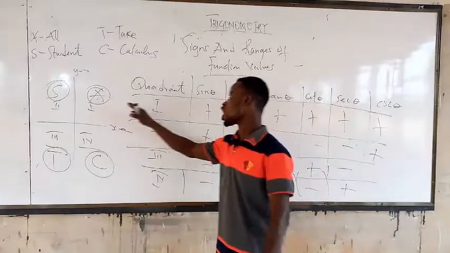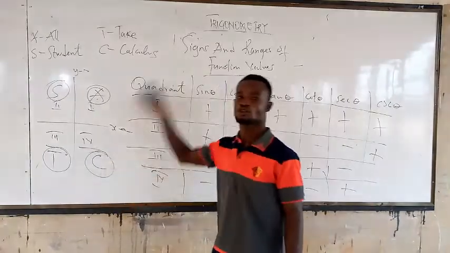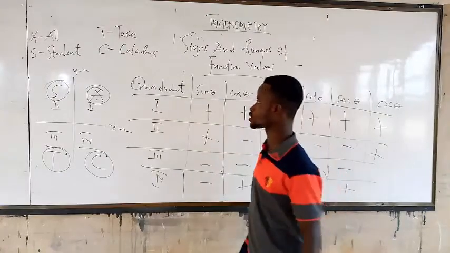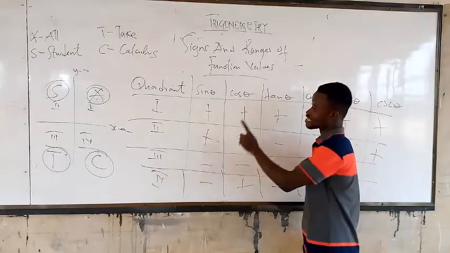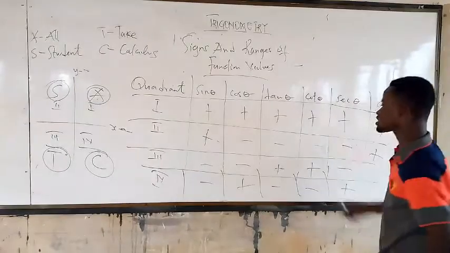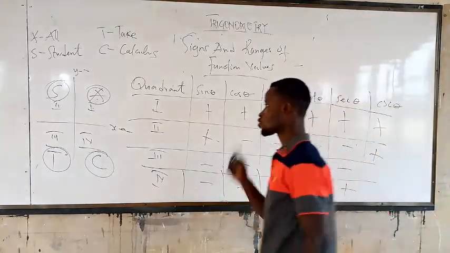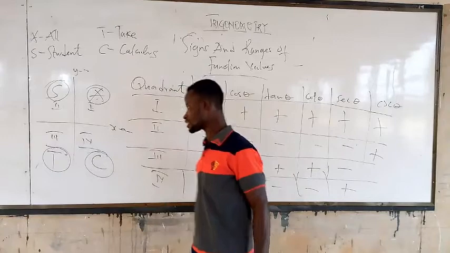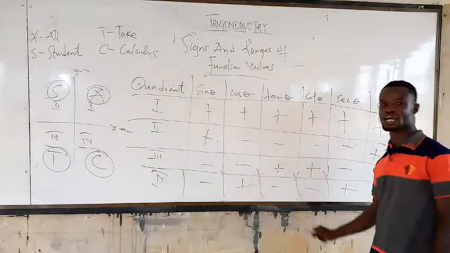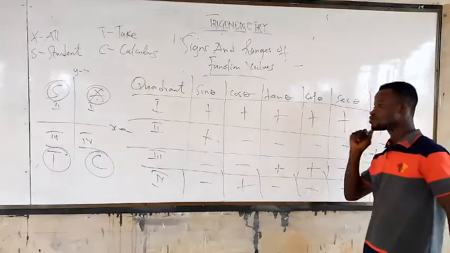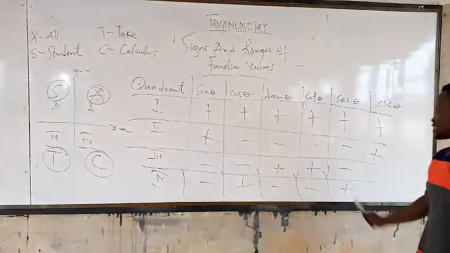All means that all the trigonometric functions are positive. In the second quadrant, students, only sine and its reciprocal identity are positive. In the third quadrant, only tan and its reciprocal identity cot are positive. In the fourth quadrant, cos and its reciprocal identity are positive.